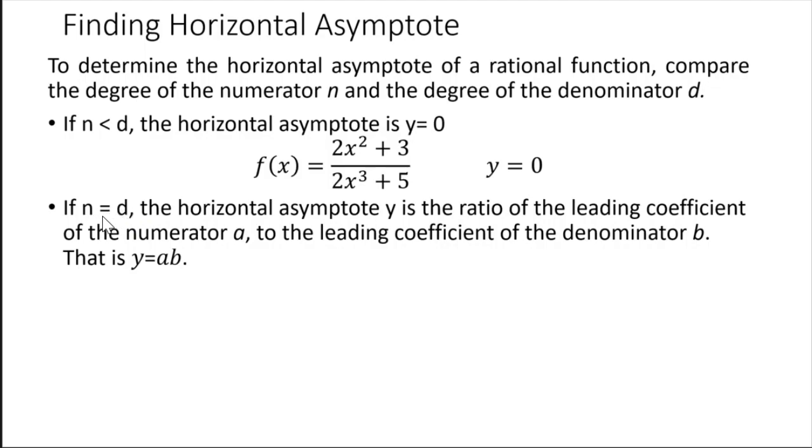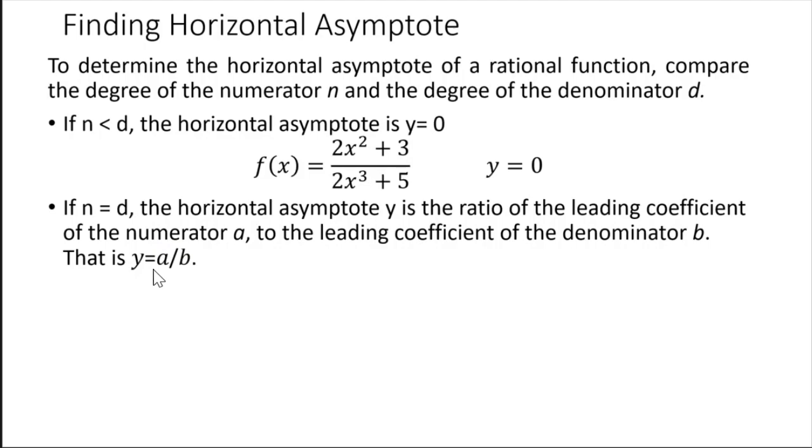Meaning, if n is equal to d, the horizontal asymptote is the ratio of the leading coefficient of the numerator, a, to the leading coefficient of the denominator, b. That is, y is equal to a over b.